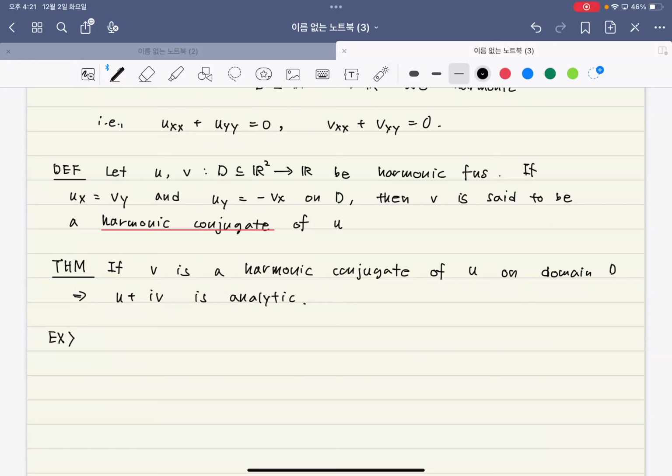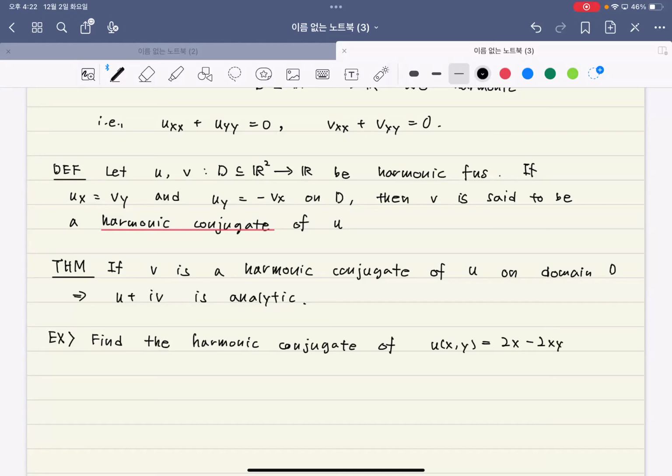Let me try a little exercise of finding the harmonic conjugate. The question is to find the harmonic conjugate of my function u(x,y) equals 2x minus 2xy.